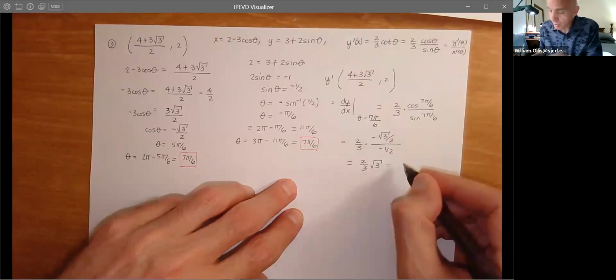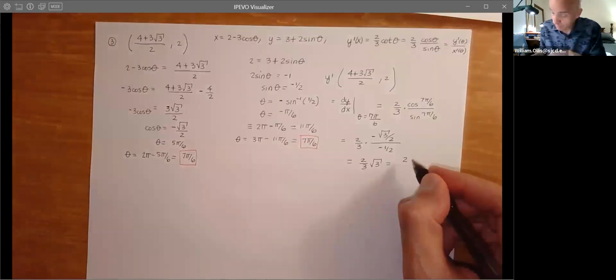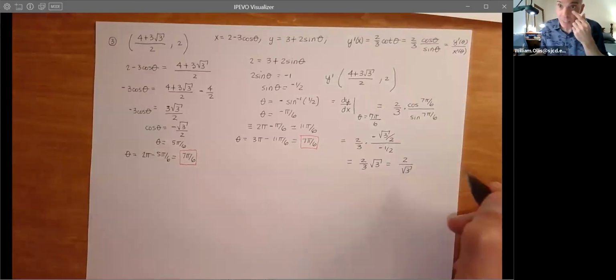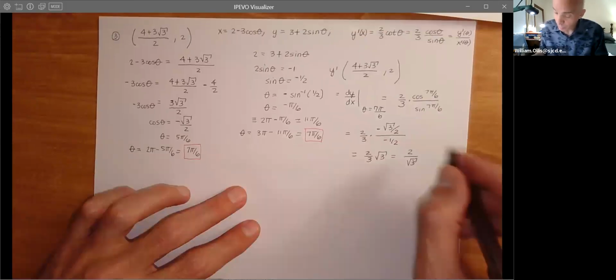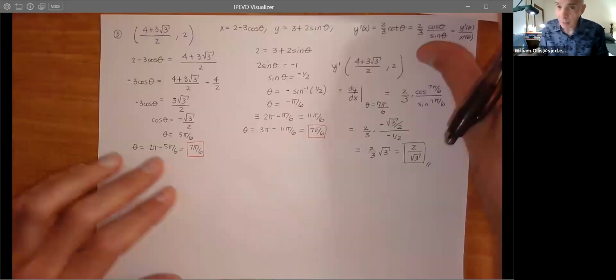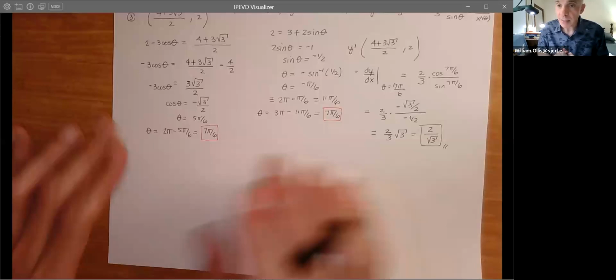And then the √3 can absorb into the 3 and give you 2/√3 if you don't want to leave it with all that stuff. WebAssign doesn't care if things are not rationalized, and I don't either. Your physics professors don't either. It sometimes is a pain, and it's easier to compute with things like this.